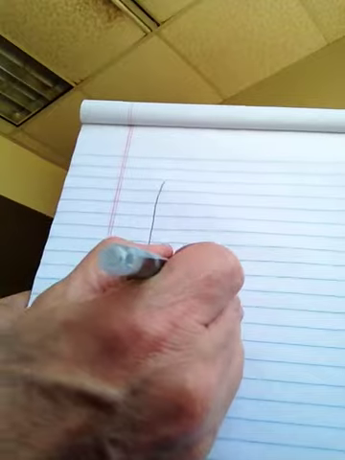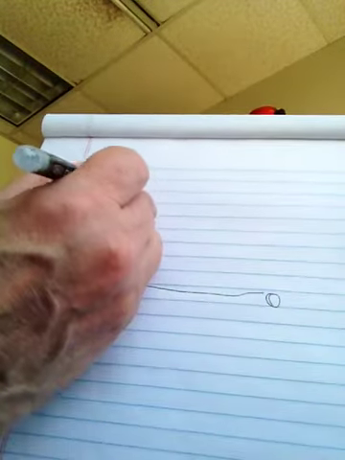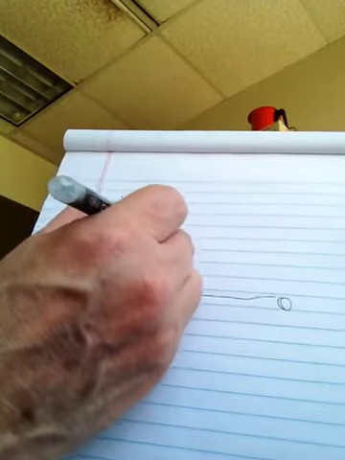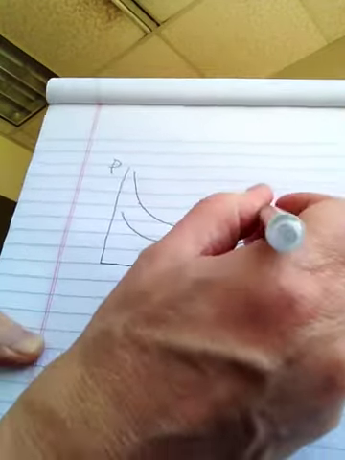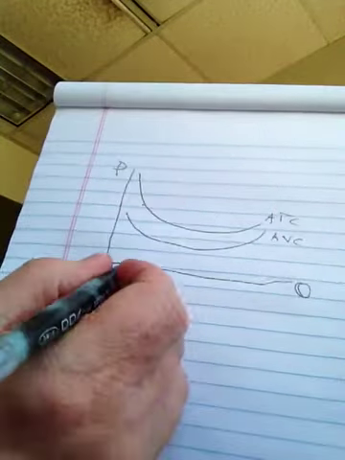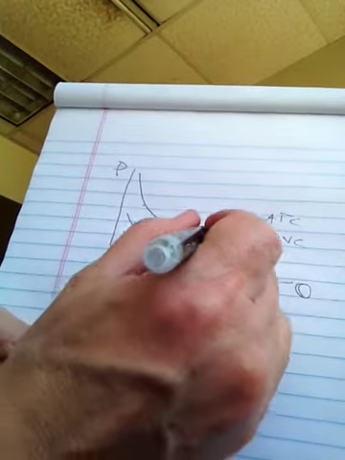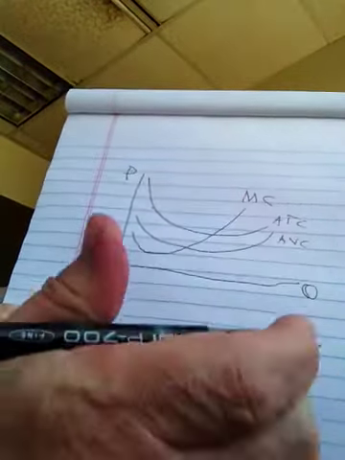Let me redraw for you our equilibrium without all the flotsam and jetsam here. Our profit maximizing quantity. ATC, AVC, MC, marginal cost.